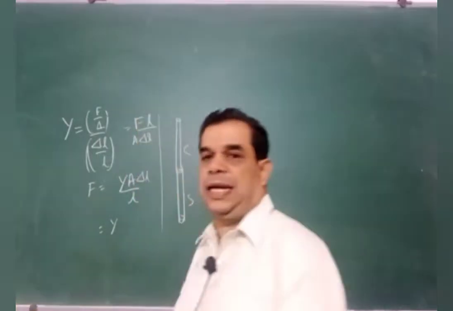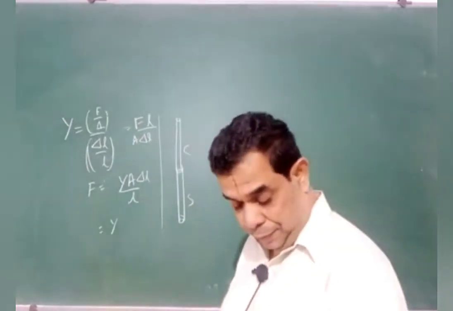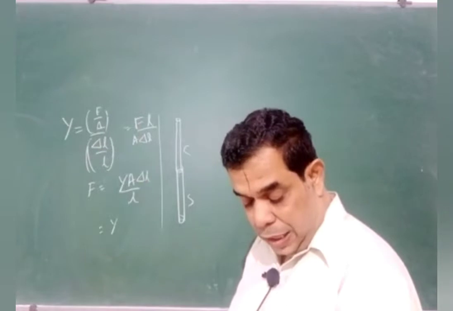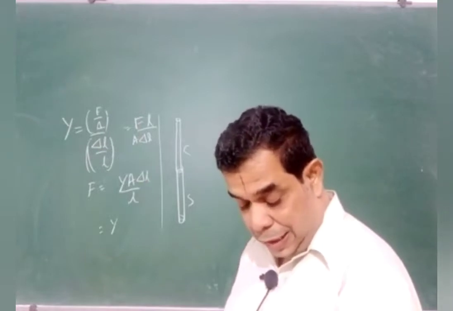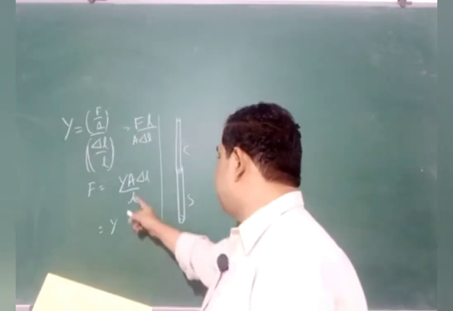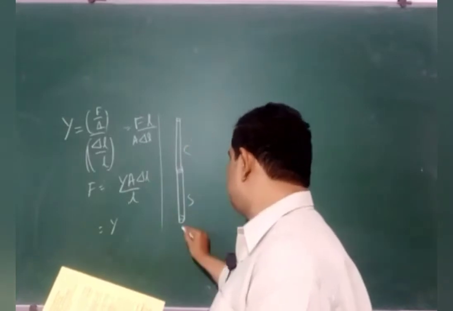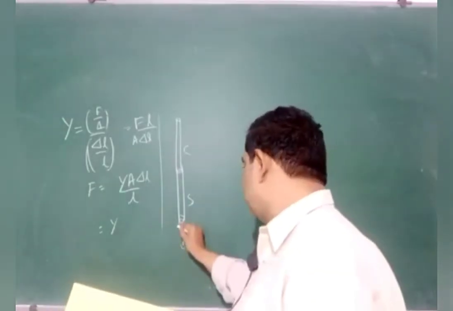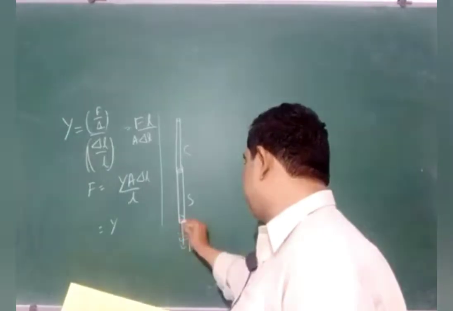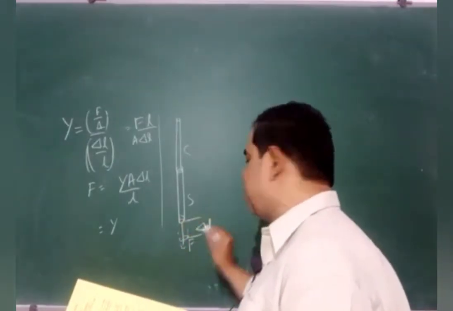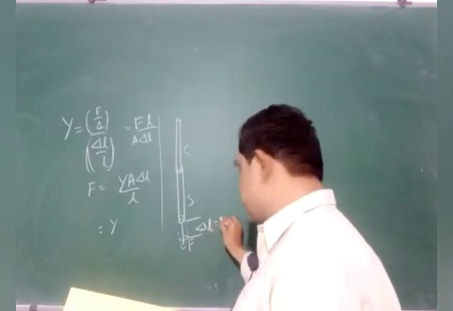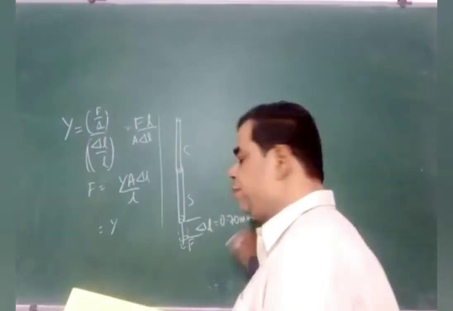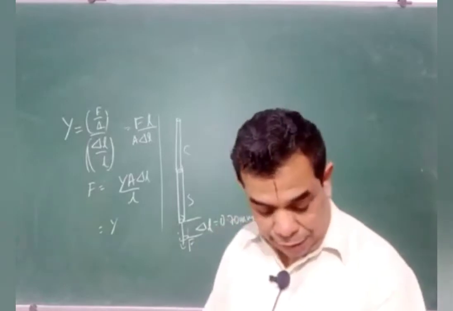Two wires are connected end to end according to the figure they have given. And the net elongation is found to be, net elongation means once you apply a load F there, both of the things added together will give you the elongation delta L. We call it 0.70 millimeter given.